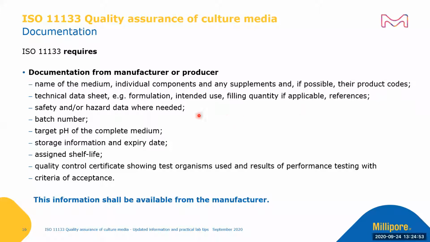Safety and/or hazard data where needed, batch number, target pH of the complete medium, storage information, and expiry date. An assigned shelf life, a quality control certificate showing test organisms used, and results of the performance testing with the criteria of acceptance. This information shall be available from the manufacturer.